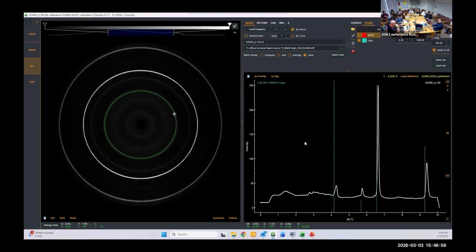If you look at the intensity profile across this, it's going to be a peak. What we do is take, let's say, 5 degrees, and we integrate that. Then the next 5 degrees, and the next 5 degrees, and we fit all of these different peaks around the annulus. And then we have the d-spacing from fitting all of these different peaks.